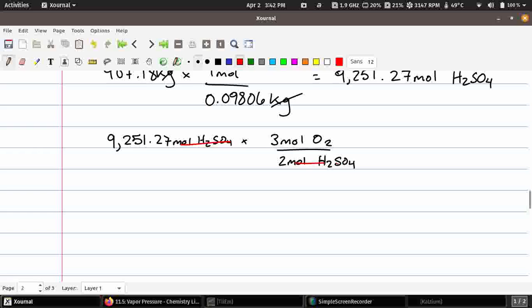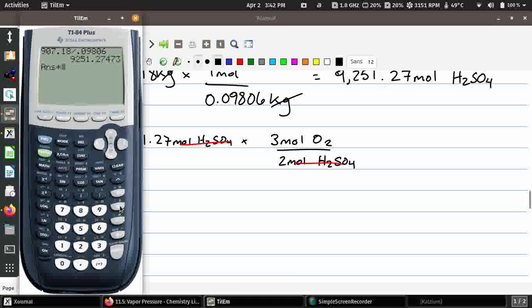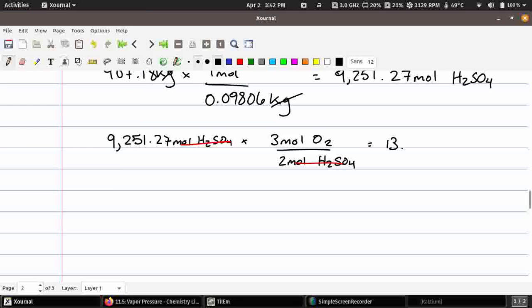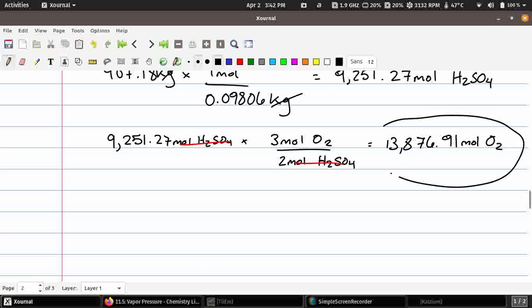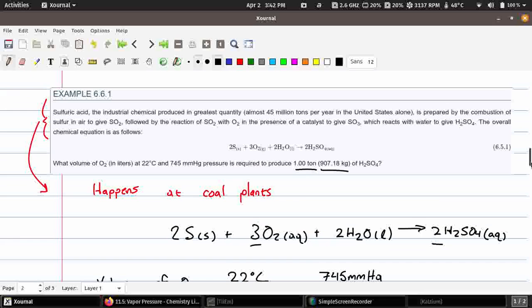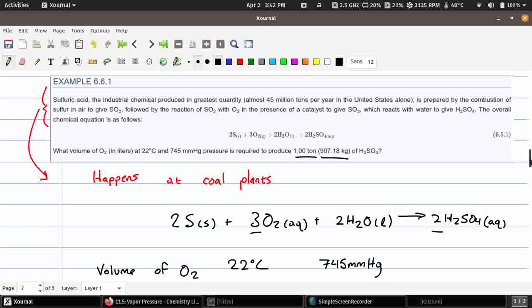We cancel these moles, and we're in moles of oxygen now. So let's do this in the calculator. Times 3 divided by 2. So you're going to end up with 13,876.91 moles of O2. Alright, so this is how many moles of O2 that we need to make 1 ton of sulfuric acid.